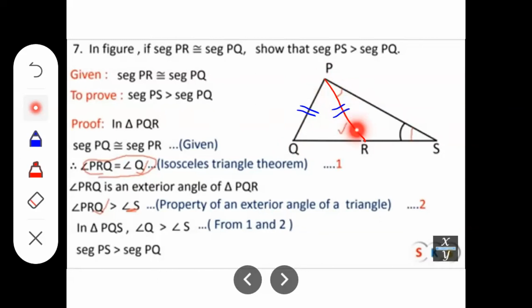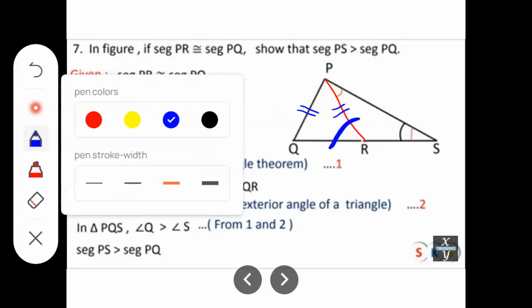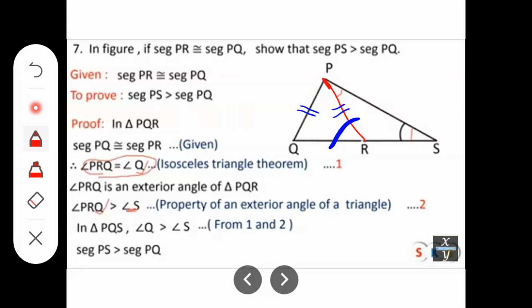Angle PRQ, this angle, is an exterior angle of which triangle? Here is the triangle, and for this triangle, this R angle is the exterior angle.